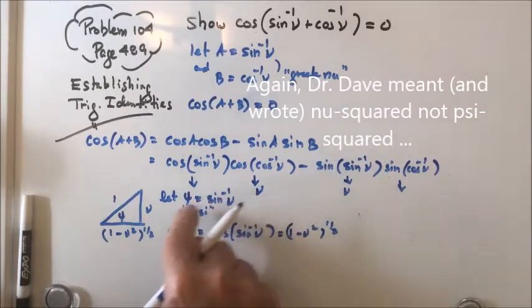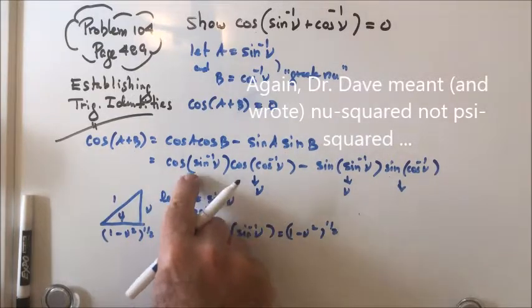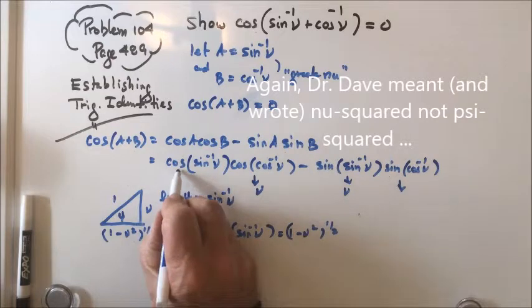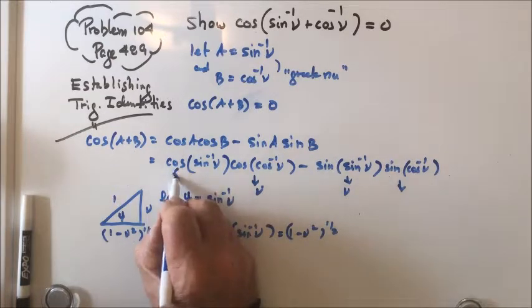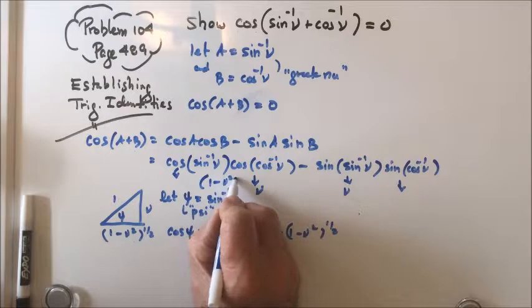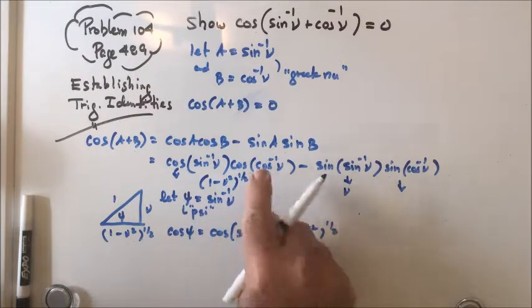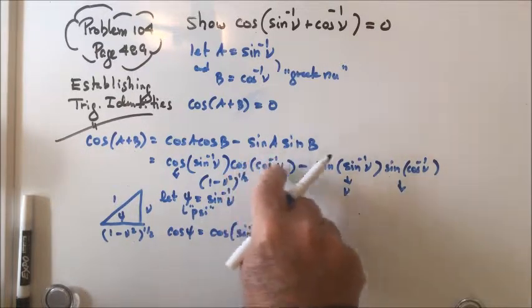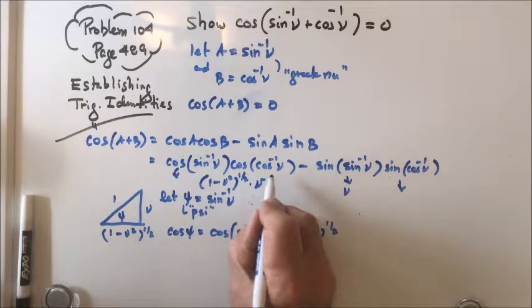That just says that the cosine of the arc sine is 1 minus nu squared to the 1/2. Right here is the cosine of the arc cosine of nu times nu.